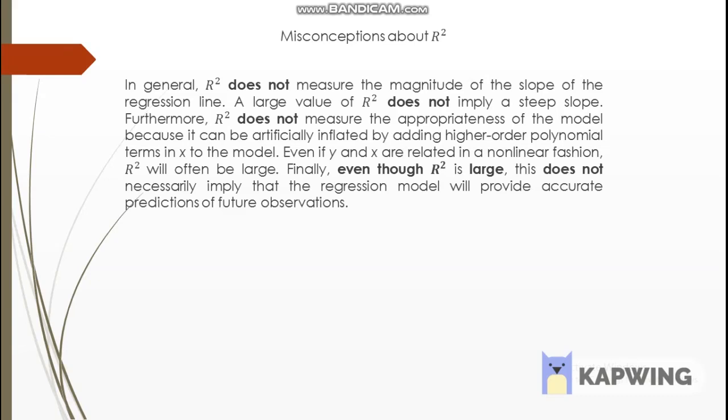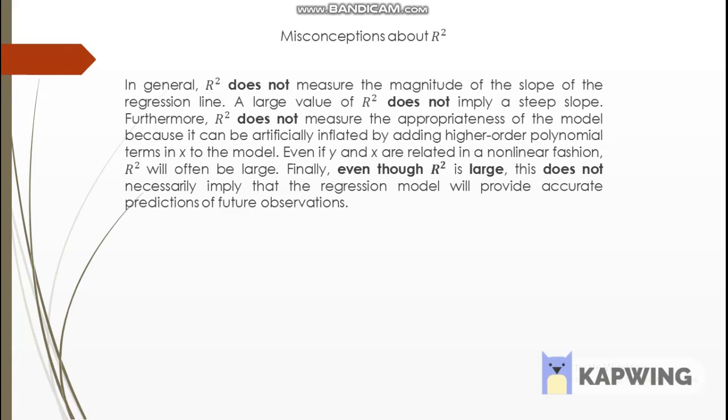Even if y and x are related in a nonlinear fashion, r to the power of 2 will often be large. Finally, even though r to the power of 2 is large, this does not necessarily imply that the regression model will provide accurate predictions of future observations.